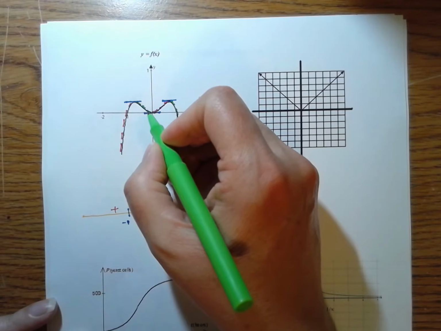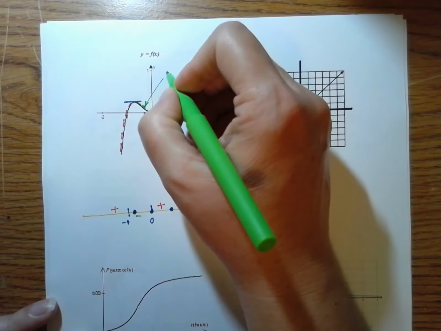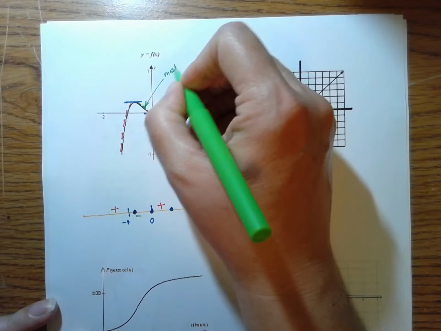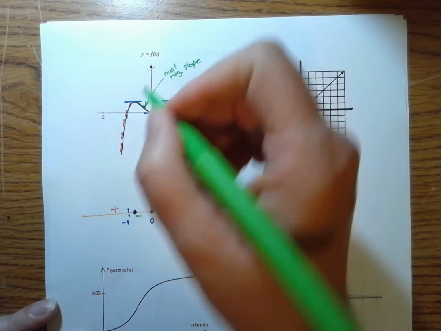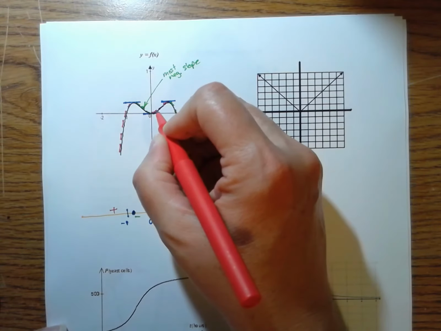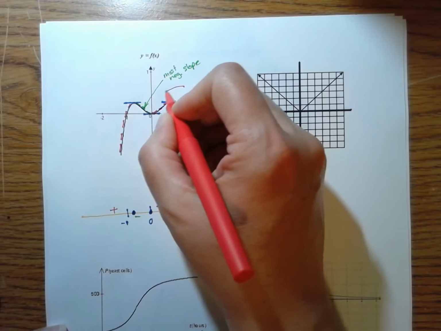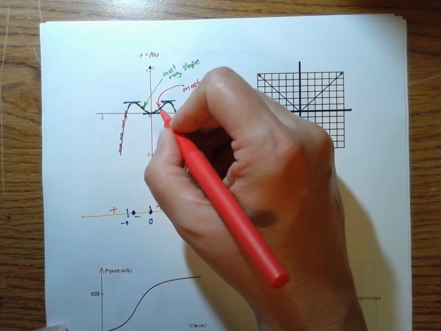Where would you say is the steepest drop in there? Because I'm going to put it right about there. That's the most negative slope. It's right in the middle of that. And in the climb right here, probably right in the middle-ish is the most positive slope with the steepest tangent line.